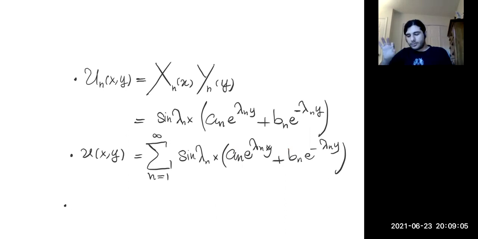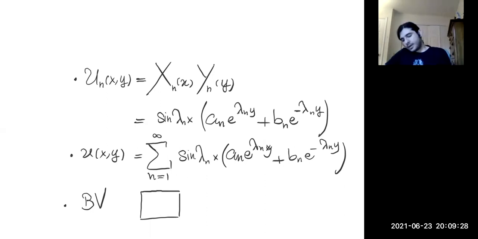In order to find An and Bn, we should use the boundary value condition, but the other boundary value conditions. So we had a rectangle, right? It has 4 line segments. Each of them gives us 1 boundary value condition.